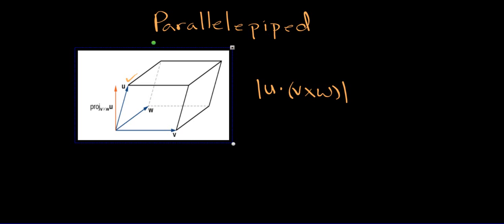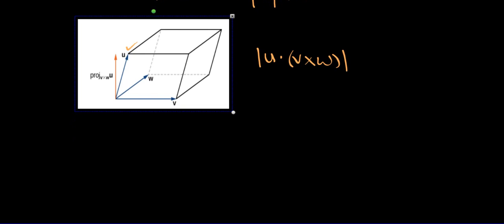It's easy to show, because I know the volume of the parallelepiped would be the area of the base times the height, right? Now, what is the area of the base? It's V cross W, the area of the parallelogram. And then I multiply it by the magnitude of the projection.